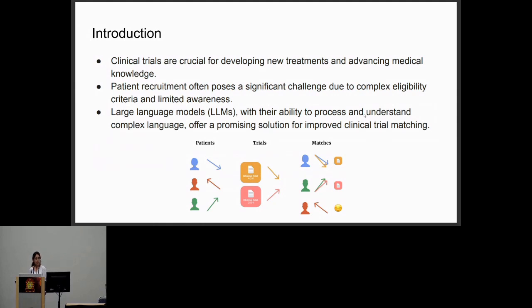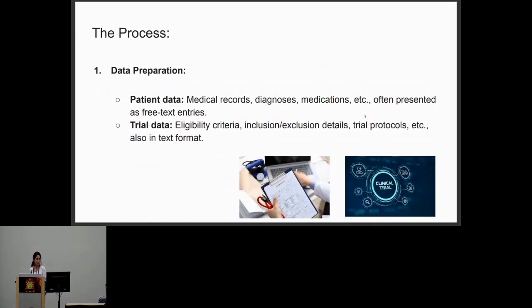But today, because we have access to large language models, which are good at understanding complex text, we should be able to find a solution by using large language models to provide better matches for the patients. But what is the general overview and process of clinical trial matching?